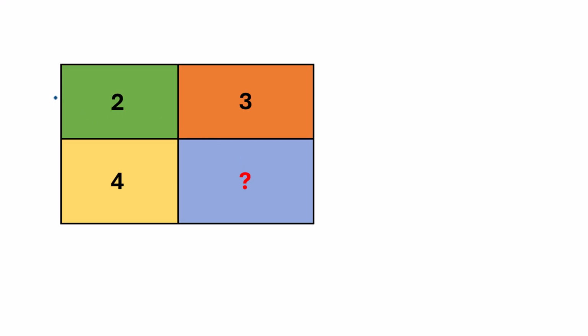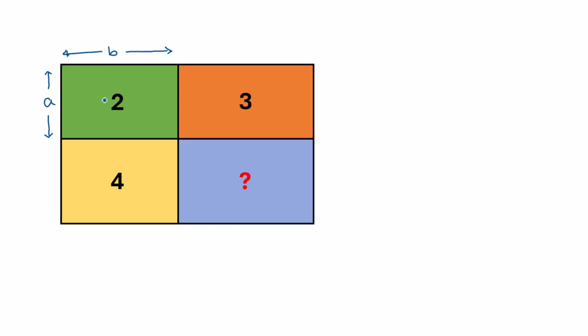Consider the width of this rectangle is A. So this length consider as A, and the length of this rectangle consider as B. So this length is B unit.